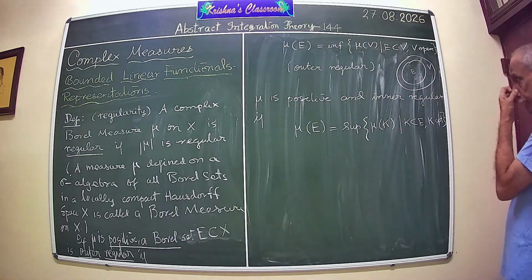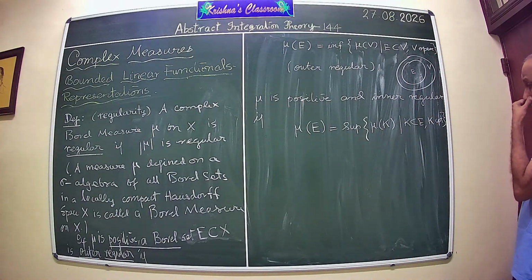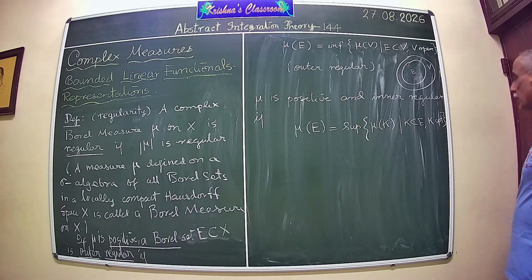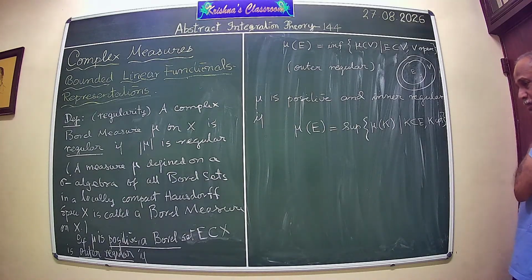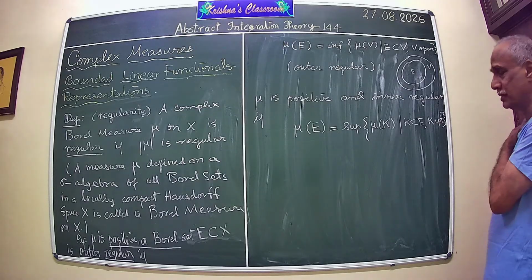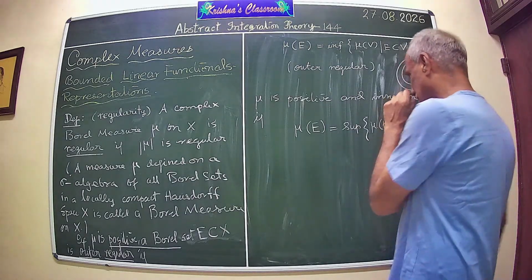So you are essentially approximating the measure of E from within using the measures of compact sets contained in it. Okay, that is the meaning of it.